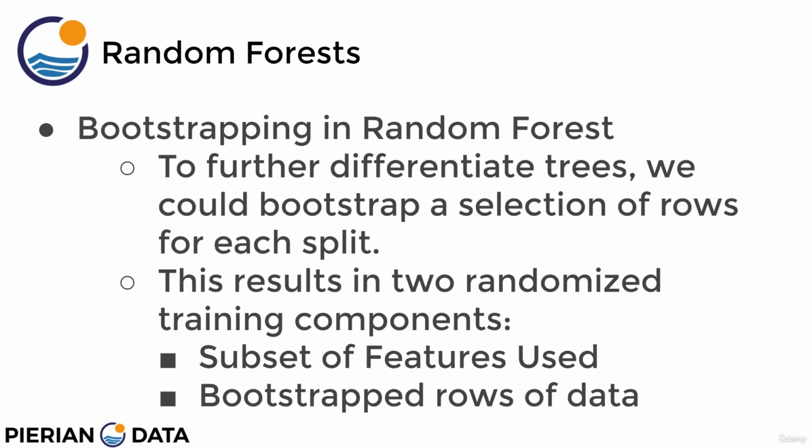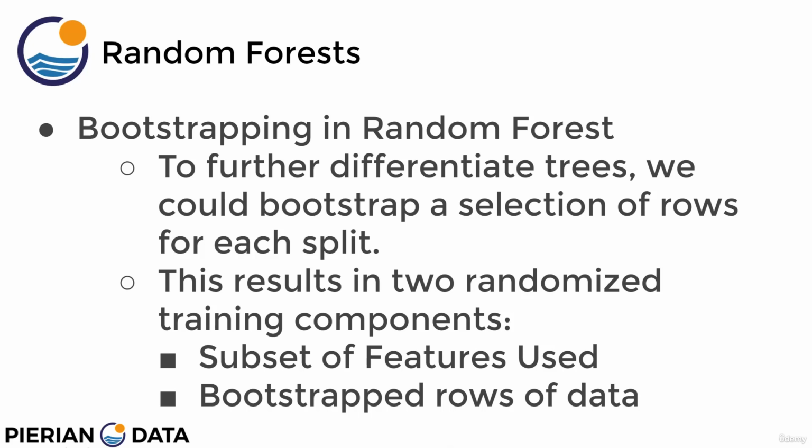Now, what we could do is add bootstrapping into this. Bootstrapping allows us to further differentiate those trees, meaning we can also bootstrap a selection of rows for each split. And this actually results then in 2 randomized training components each time you're creating a decision tree. And upon each split, instead of also just selecting a subset of features, you're going to bootstrap rows of data.